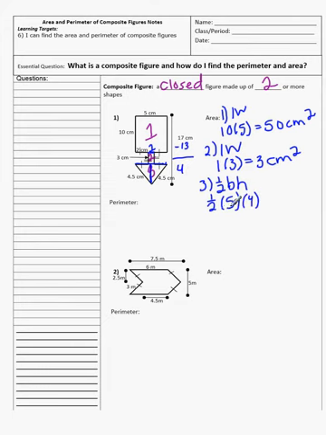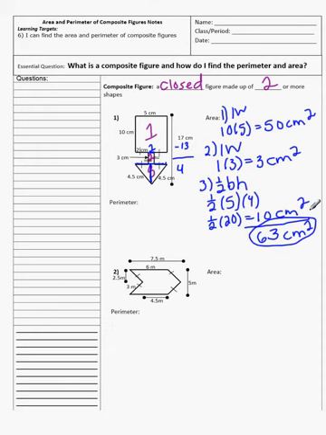So now we can say, all right, well, 1/2 times 20 gives us 10 centimeters squared. So to find the area of all three together, we want to add them all up, and we say 50 plus 10 is 60, plus 3, we get 63 centimeters squared for the area.